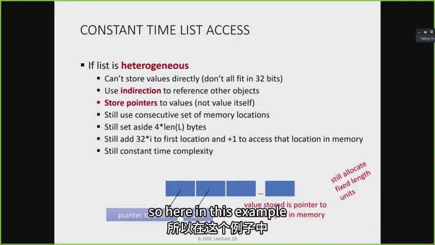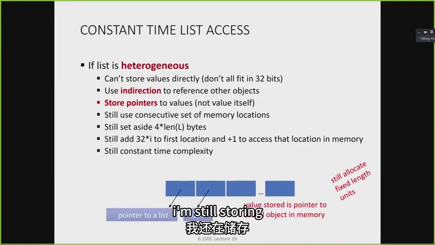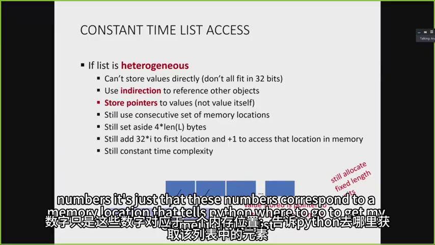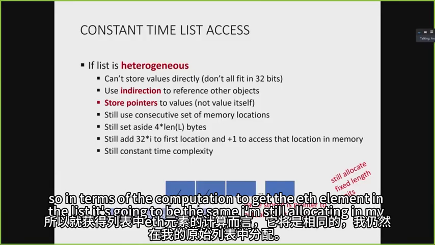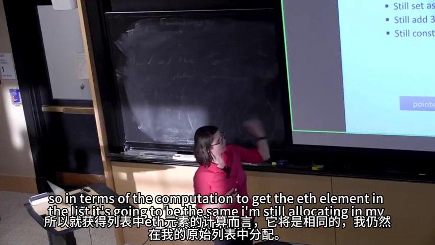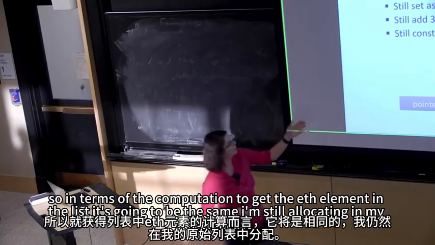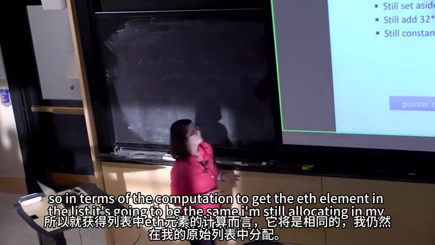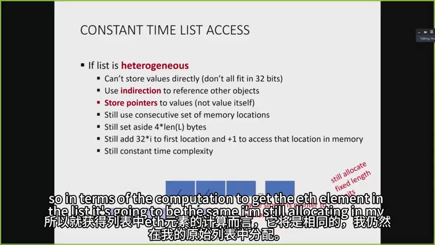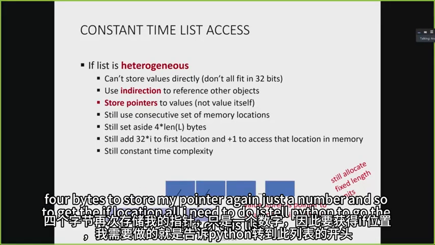So here in this example, I'm still storing numbers. It's just that these numbers correspond to a memory location that tells Python where to go to get my element in that list. So in terms of the computation to get the ith element in the list, it's going to be the same. I'm still allocating in my original list 4 bytes to store my pointer, again, just a number.